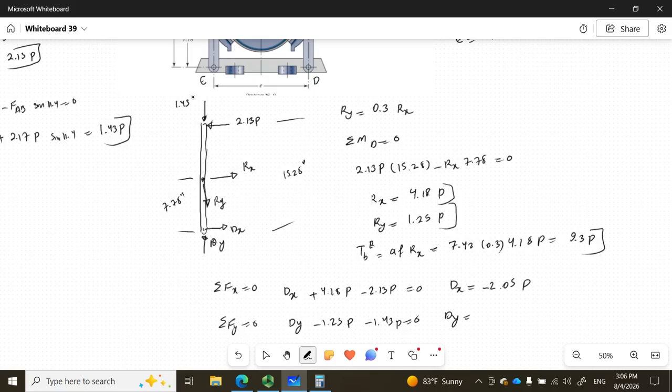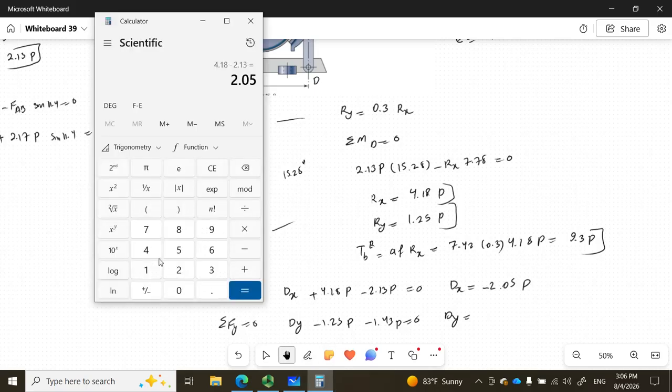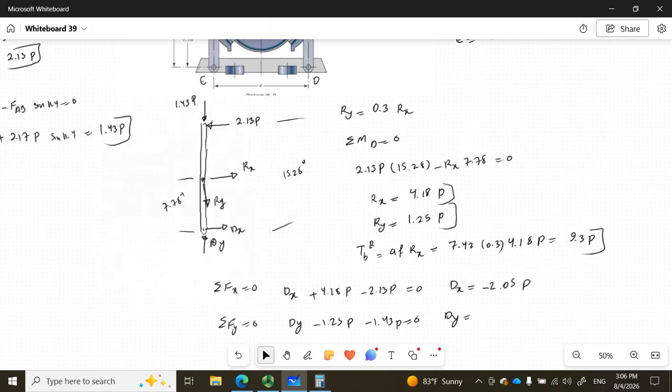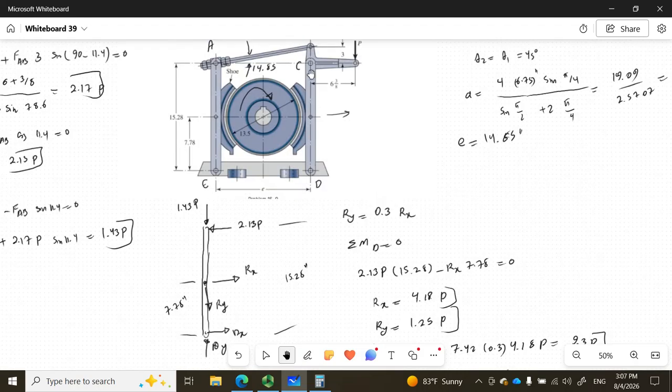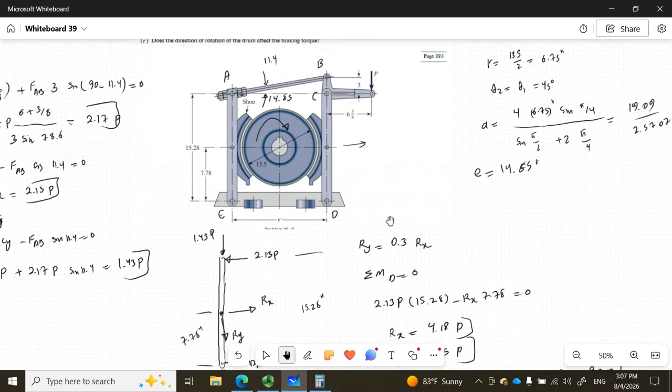This guy in terms of P: 1.25 plus 1.43, 2.68. So 2.68 of the P. There you go. We found the pivot forces here, so we found everything, the Rx, Ry here. So the right arm of the brake is studied.